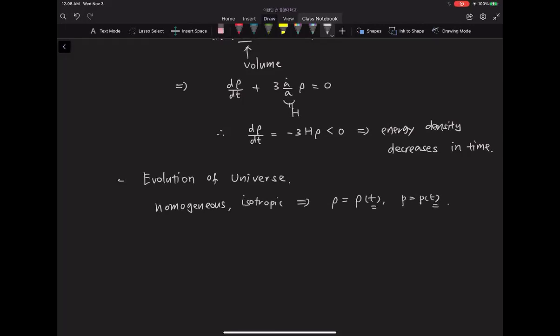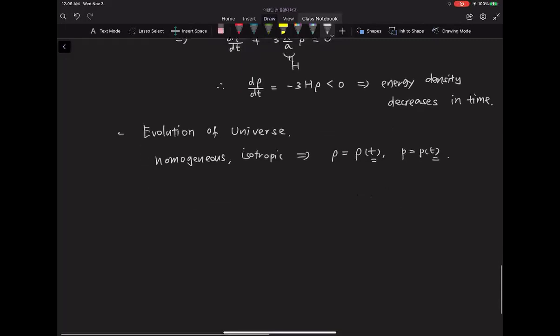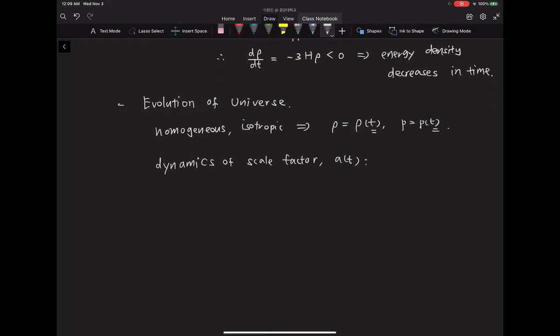There is no dependence on the spatial coordinate. So then the dynamics of the scale factor a(t) is determined by the Friedmann equation, which is given by this formula.